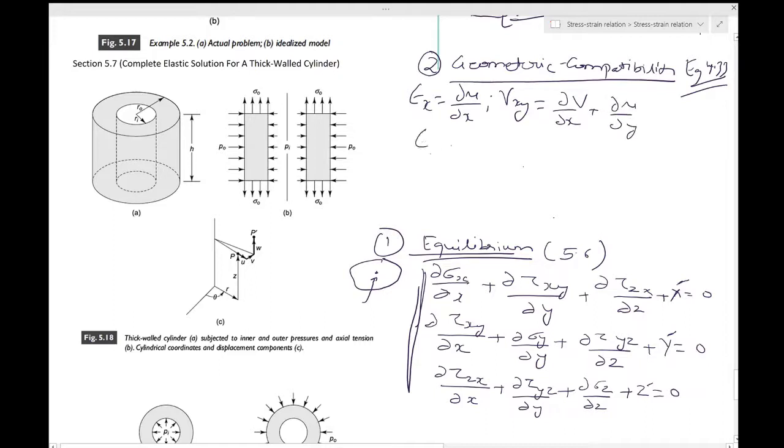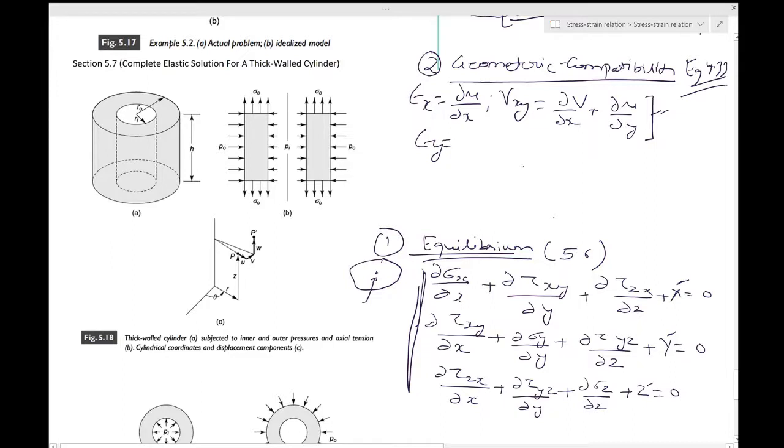At some point I may have made an error in speaking, not writing, but speaking what gamma xy is. I may have wrongly said it as dou v by dou y, so you can just make that correction if I have. This is the correct one. So it is dou v by dou x plus dou u by dou y.